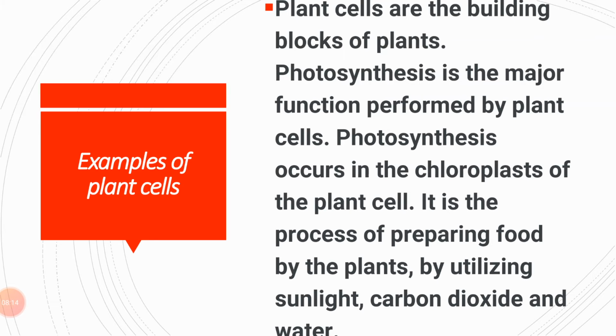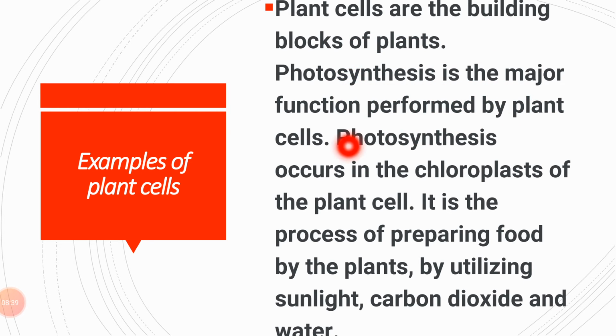Okay, what will be the examples of the plant cell? How do the cells play an important role in plants? Why are they important? Here we are discussing the cells that are responsible for photosynthesis. Plant cells are the building blocks of plants.